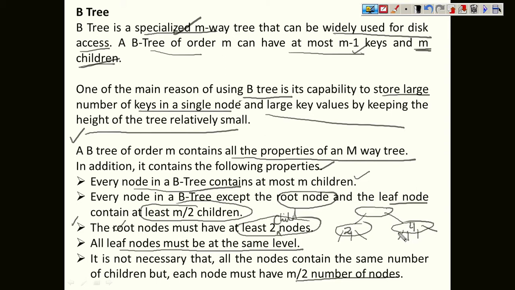But what is mandatory is that all the leaf nodes, so if you have a leaf here, a leaf here, a leaf here, then all will occur at the same level. This is mandatory. And what else is mandatory? That every node must contain m by 2 number of child nodes.